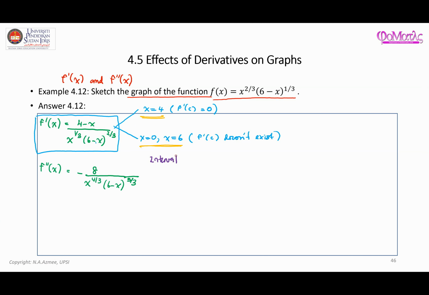So, interval: the first one is considering x less than 0. Next, x between 0 and 4. Next are x between 4 and 6, and finally x greater than 6. So those are the intervals based on these critical points.